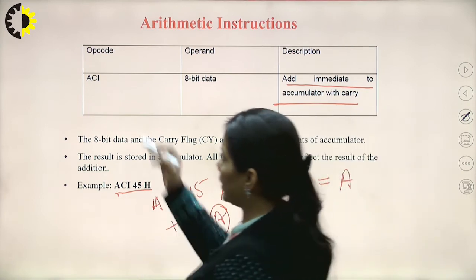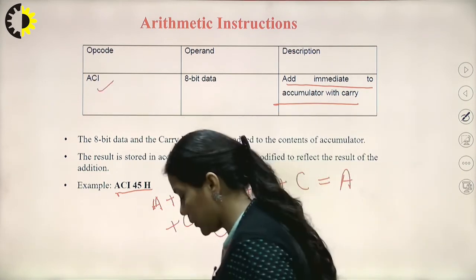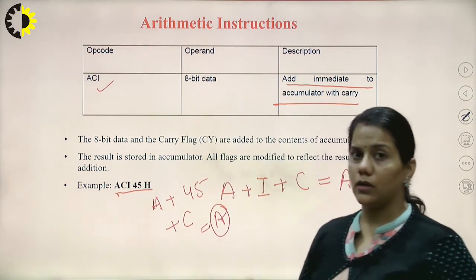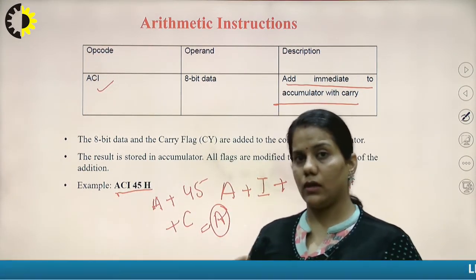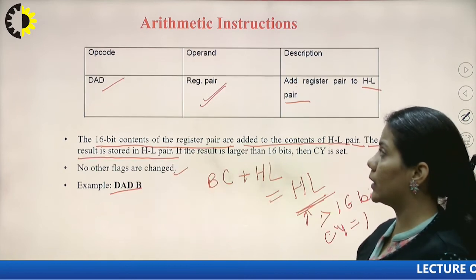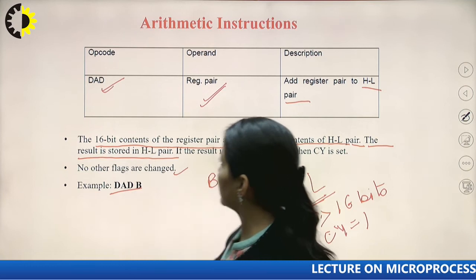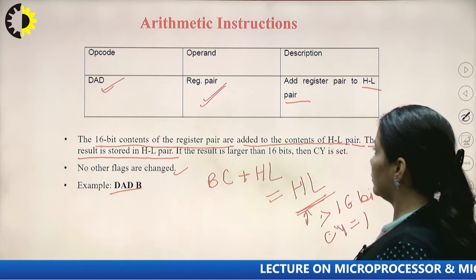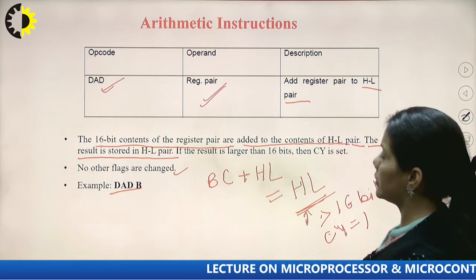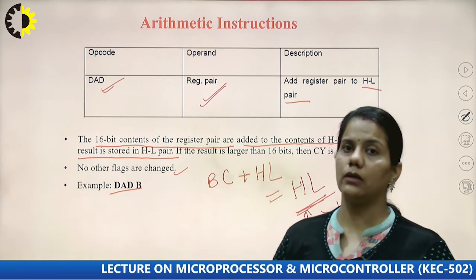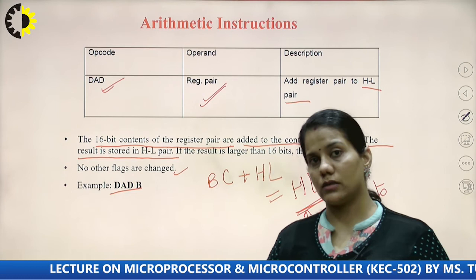ACI will add the contents of accumulator with the immediate data and with the carry. DAD performs a double addition, that is, it will add the contents of the register pair mentioned in the operand with the HL register pair, and the result is stored in the HL register pair only.